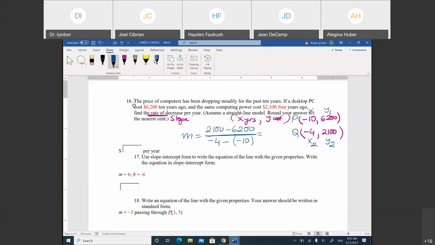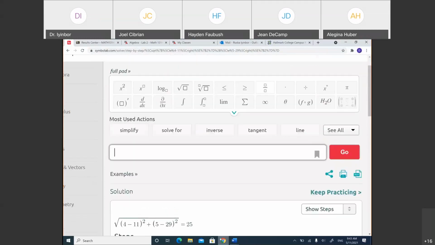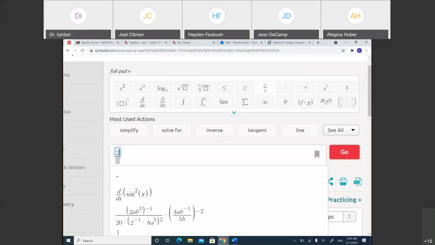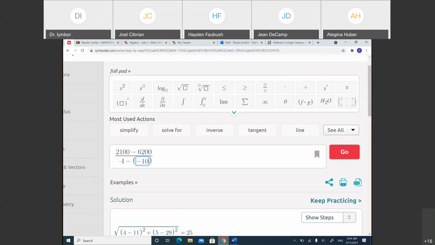Now, if you have bigger numbers, you can always use symbolab. You can just put it here like a fraction. You're going to click at the fraction, and you put 2100 minus 60,200 over negative 4 minus negative 10. You can just put it exactly the way it is.